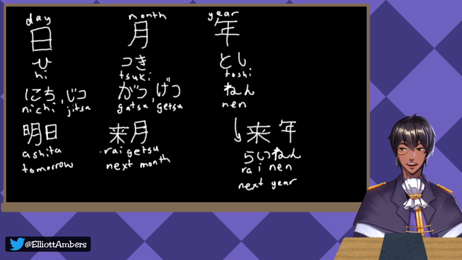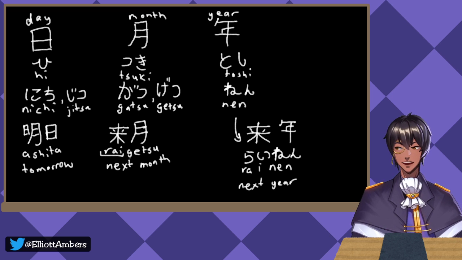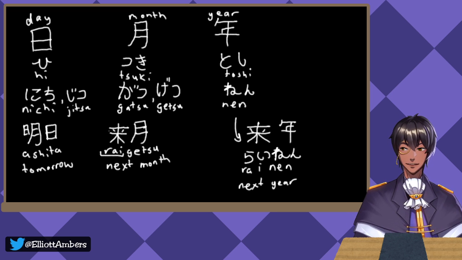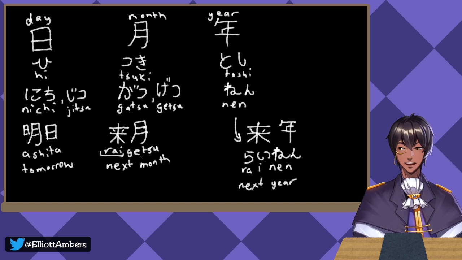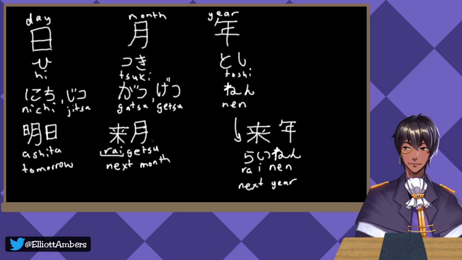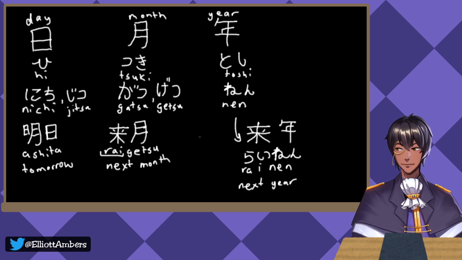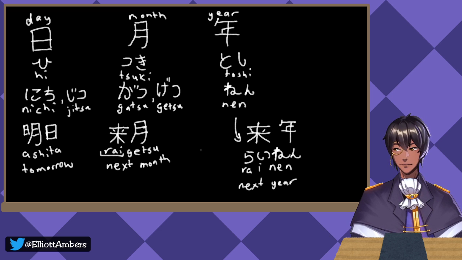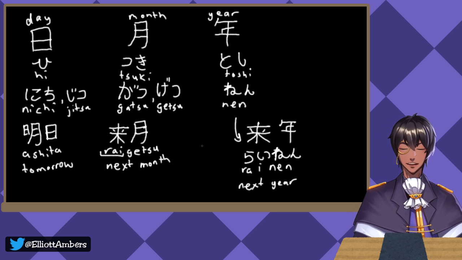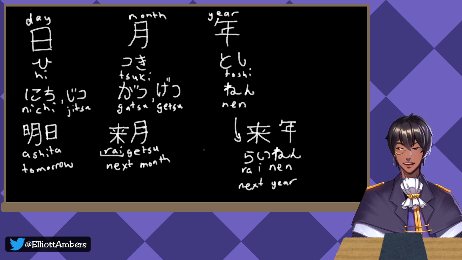So again, using that same reading but in a different position. Here as a prefix, it's raigetsu, and that's just next month, but in mirai, future, rai comes second. I'm not a professional at Japanese, but I know that if you combine two words with meanings that relate to something vaguely in English, you could probably guess what that meaning is.